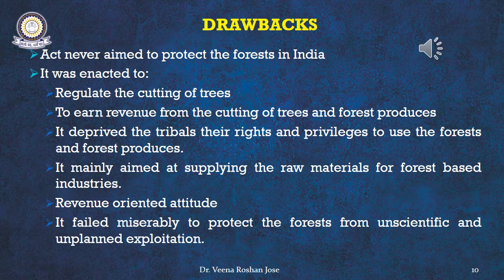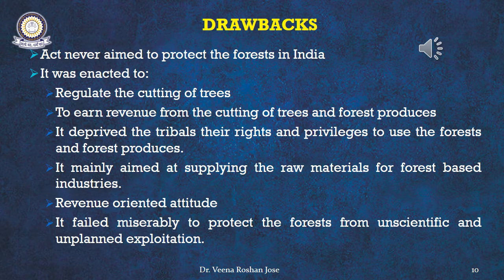And the earning of such revenue was to be done by the state government alone, not the private parties. And it deprived the tribals of their rights and privileges to use the forest and forest produce. So in this statute, you cannot see any provision specifically granting any basic rights for the inhabitants of the forest, that is the tribals.